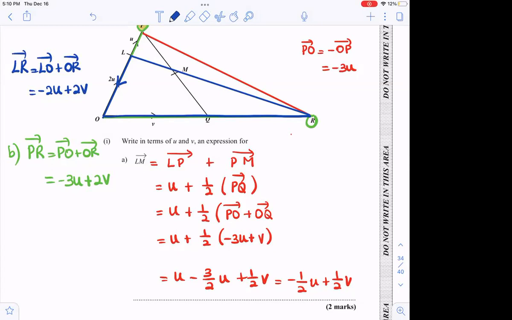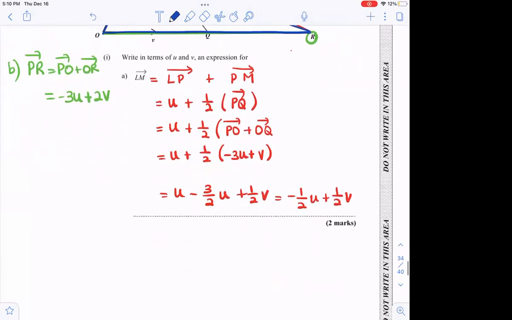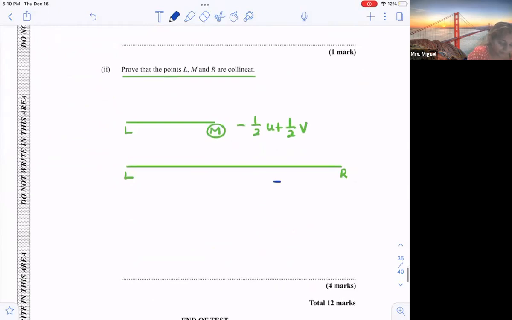Yes, miss. So this vector is minus 2U plus 2V. You see both vectors have U and V, and this one is negative, this one is negative. You can see that?